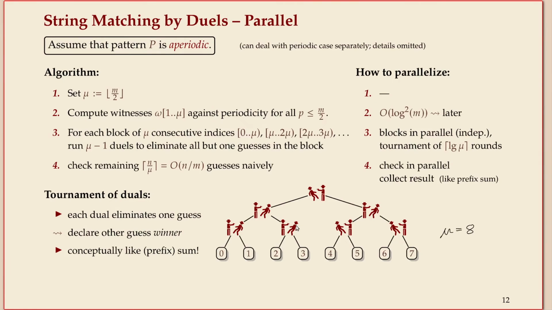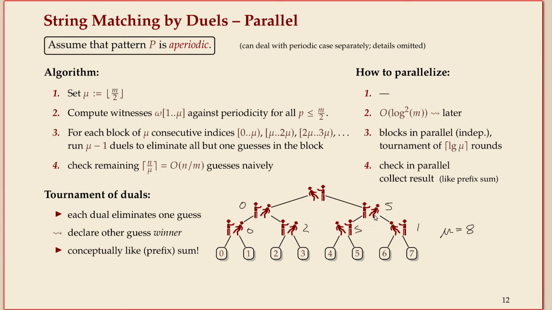And then we have one of the winners. So here, say 0 has won, and here 2 has won, and here 5, and here 7. Then you find another duel between the winners of this first round, and here the same. And again, these two are independent. Nothing in these two depends on each other. So here, say 0, and here 5. And then as a last round, you fight another duel with the winners of these two.